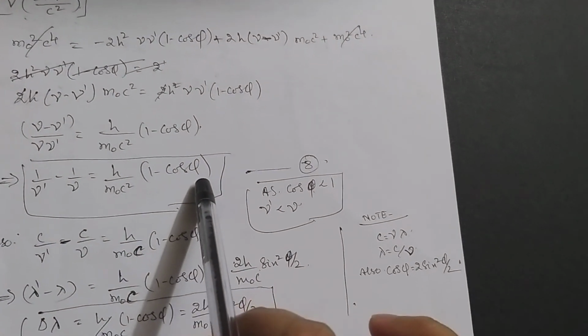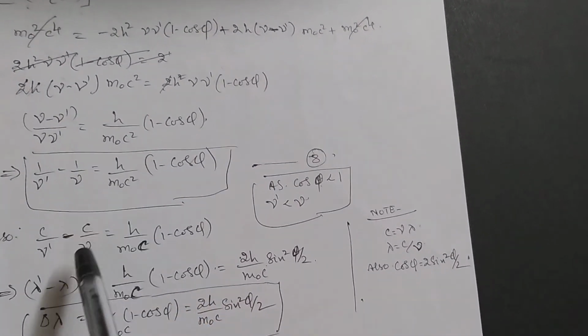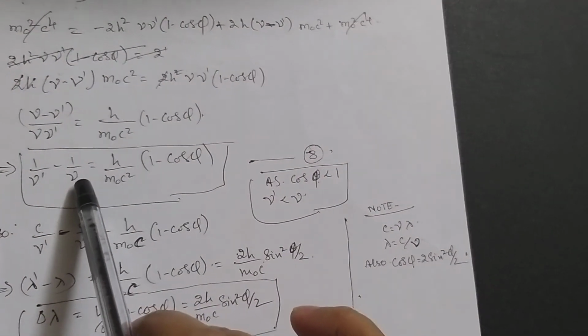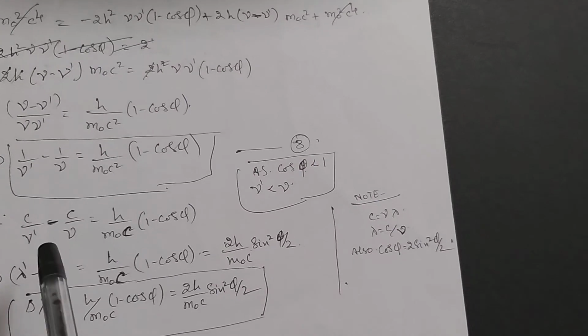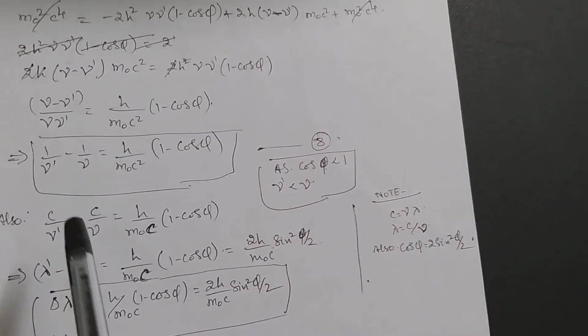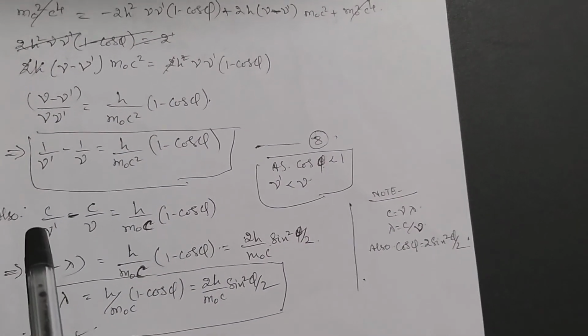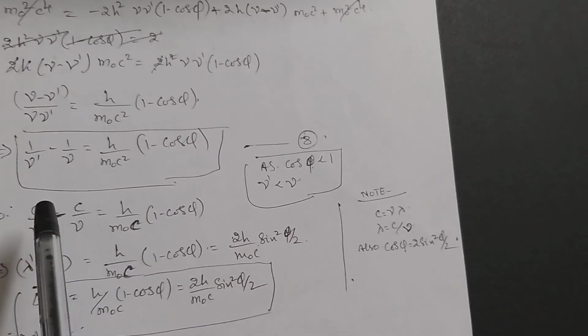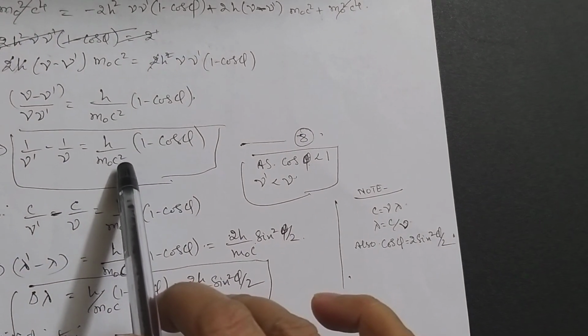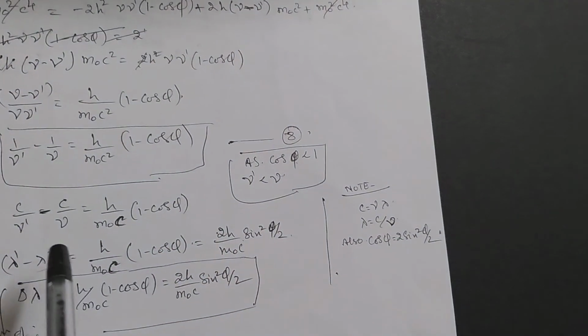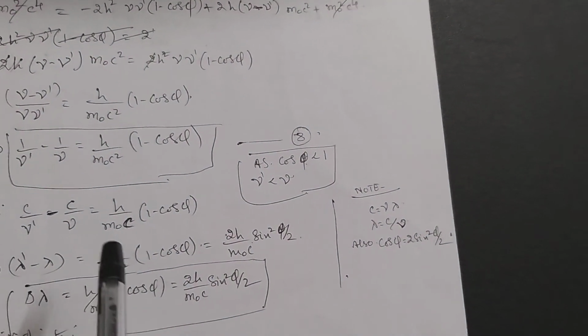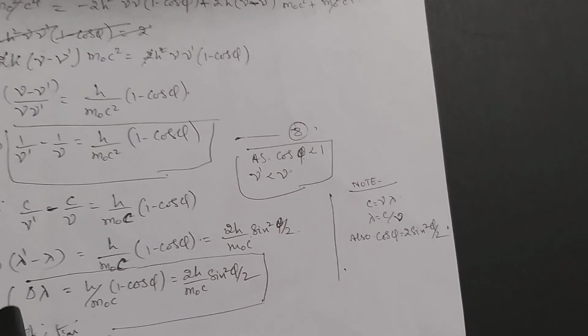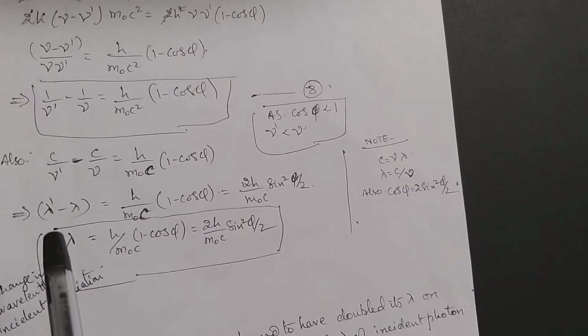Phi can be measured by the spectrometer. Other values are constants. Nu we know, nu dashed we calculate. In terms of wavelength, if we want to do the same thing, then we multiply by c here, remove one c from here and put it here. Then you will have c by nu dashed minus c by nu, where c by nu is lambda.